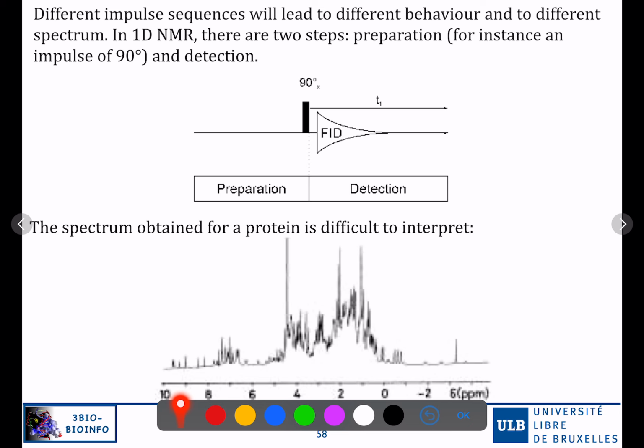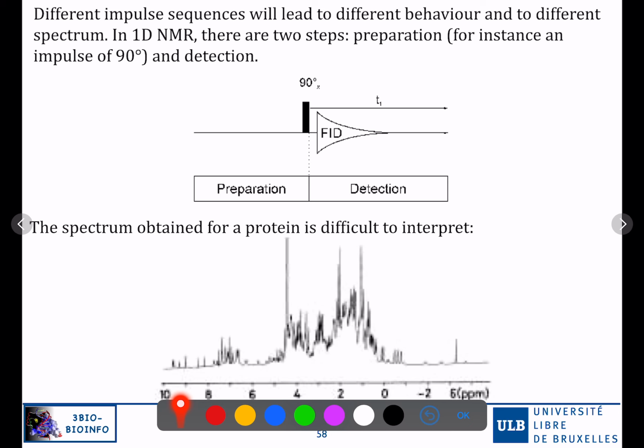Okay, so I could obtain such a spectrum for a protein, but the problem is that in the case of a protein, you have a huge number of hydrogen 1 atoms. And the result of that is that the number of peaks that you will obtain for a protein is very, very large, and the spectrum you have to analyze is really complicated.